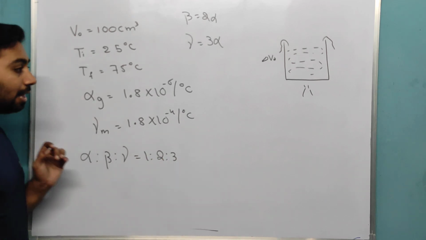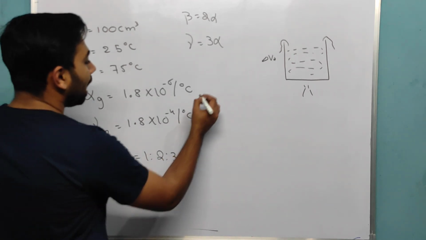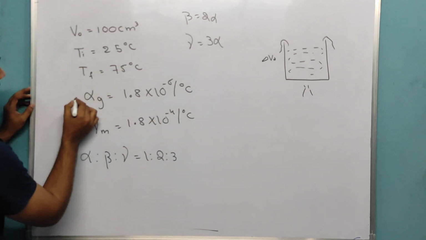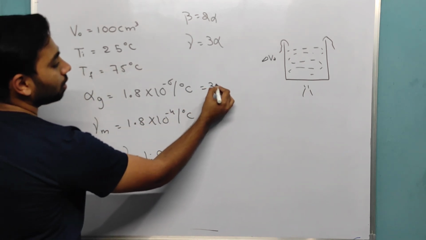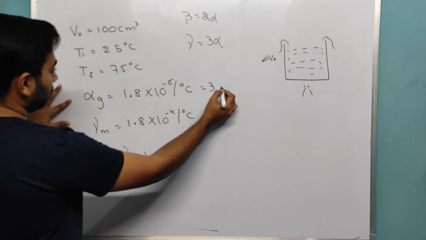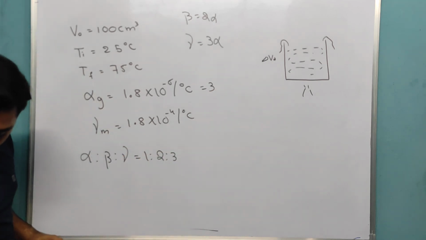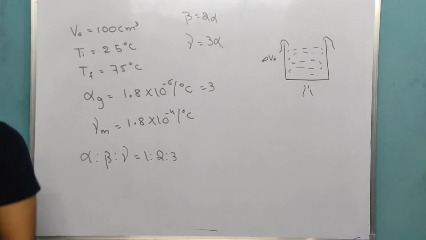Which is like 1:2:3. Now, if I make use of this, I can write this as 3 alpha, gamma. Let us ignore this, we'll write a direct expression.